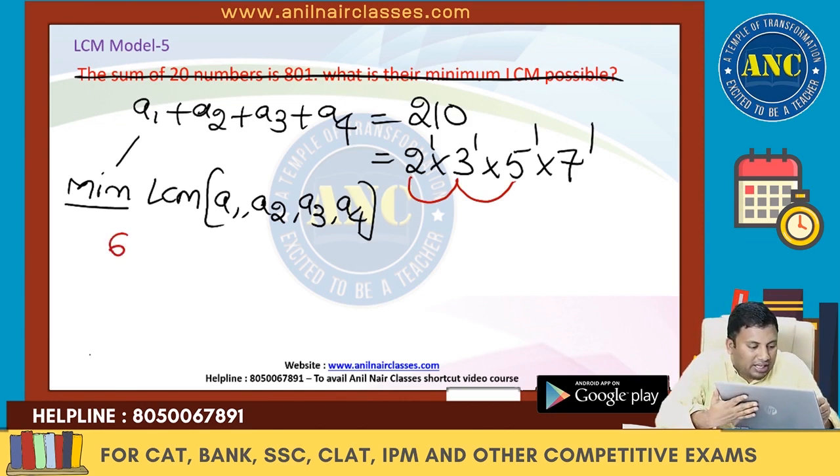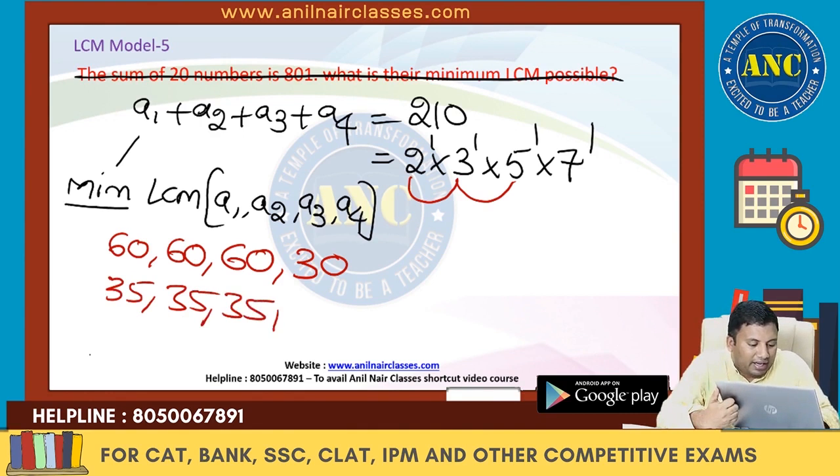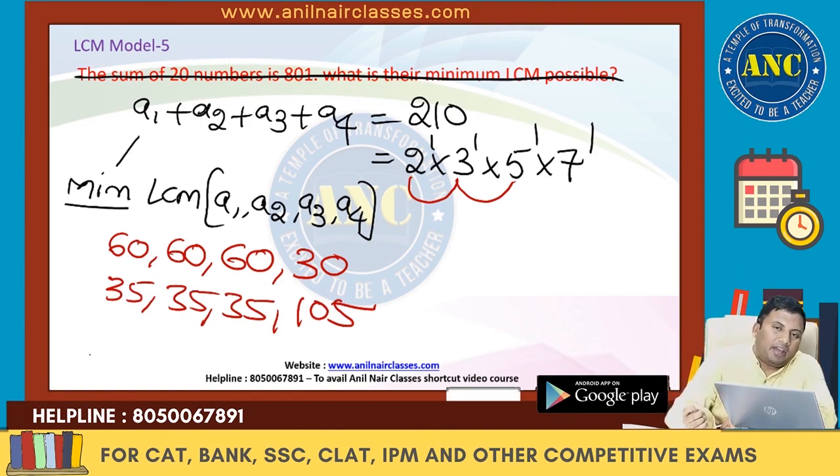Multiple of 30 closer to 70: 60, 60, 60, 30. One case. 7 5s are 35. Multiple of 35: 35, 35, 35, 105. 105 plus 105 is 210.